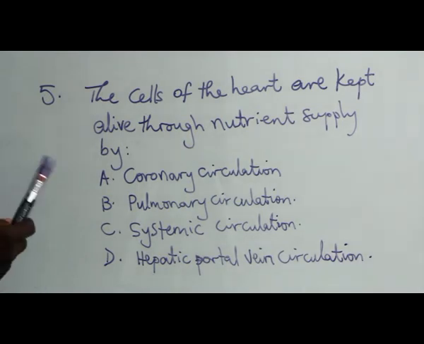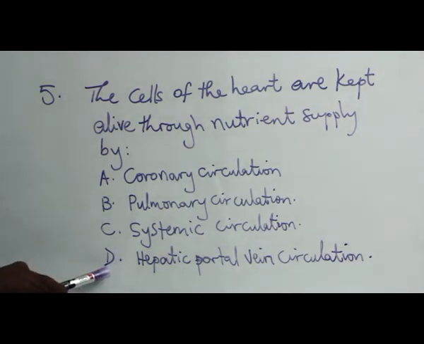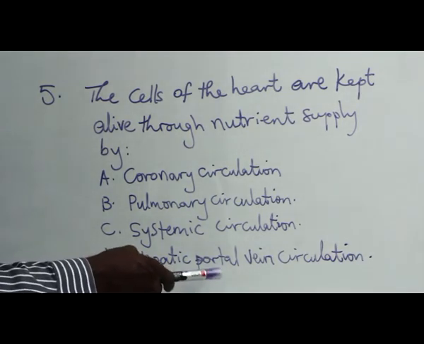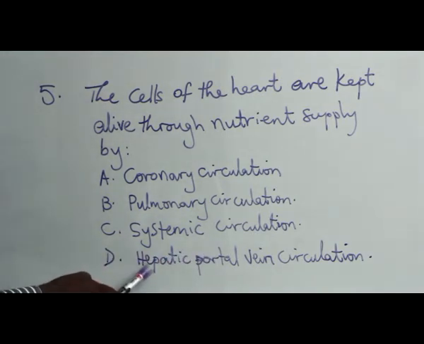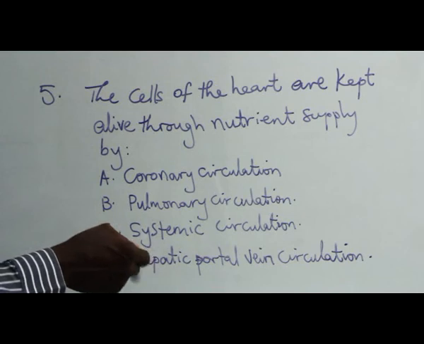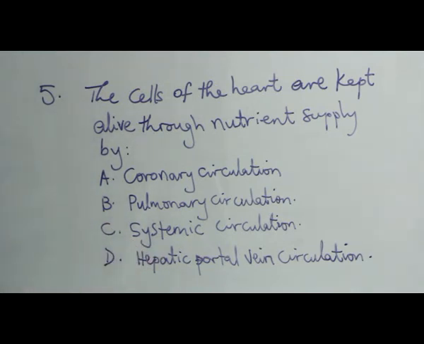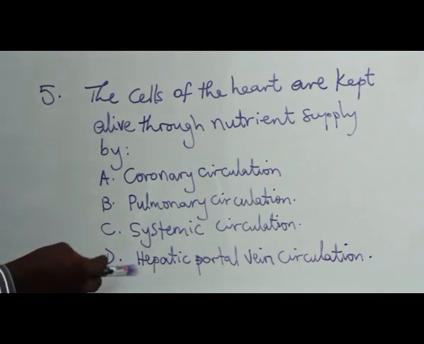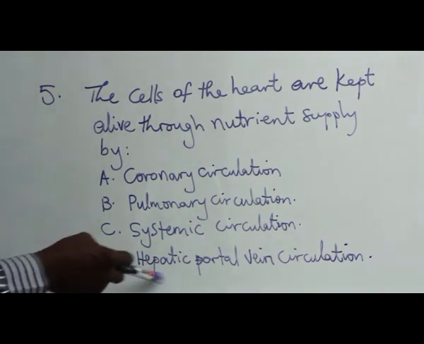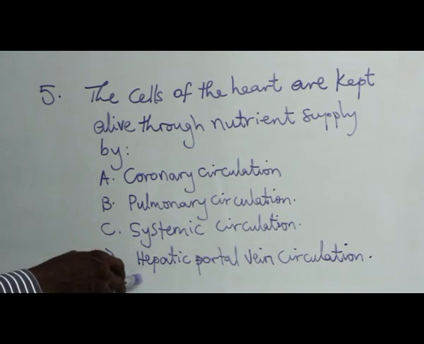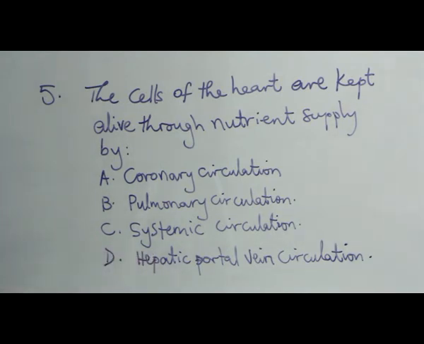Now, starting from D, the hepatic portal vein transports blood from the small intestine to the liver, where it conveys digested food from the intestine to the liver. It is also known to be the only circulation in the body that commences in capillaries and ends in capillaries.